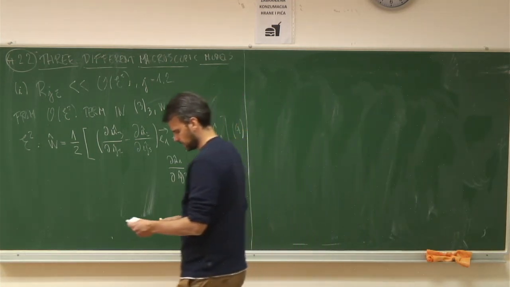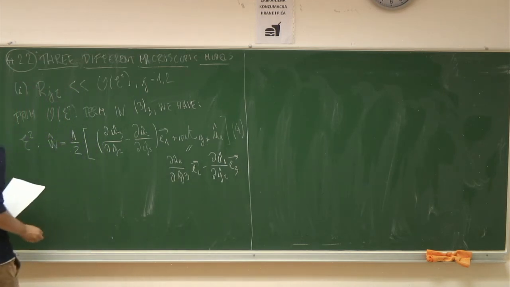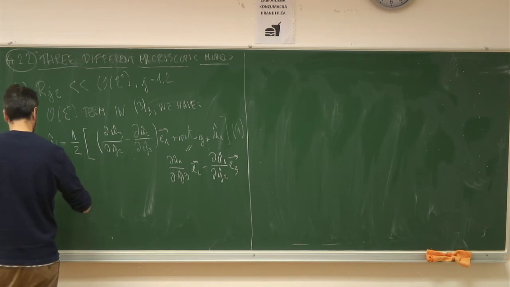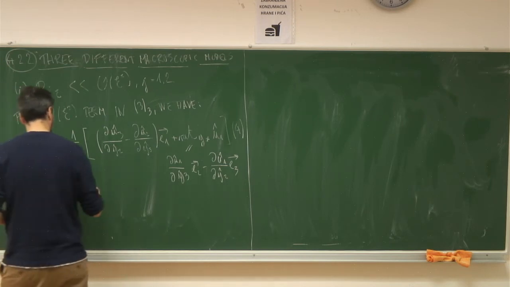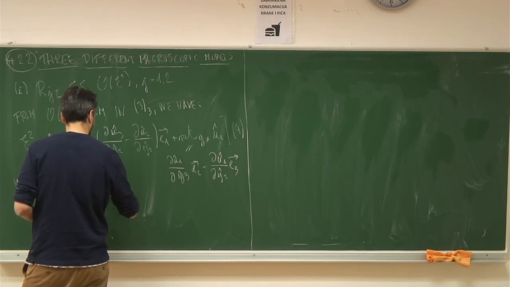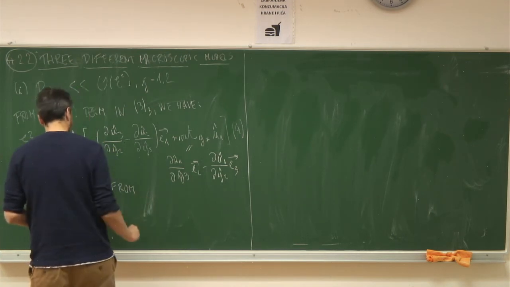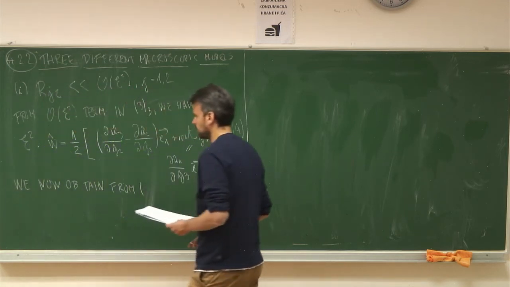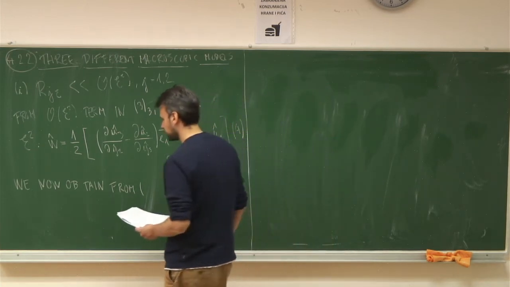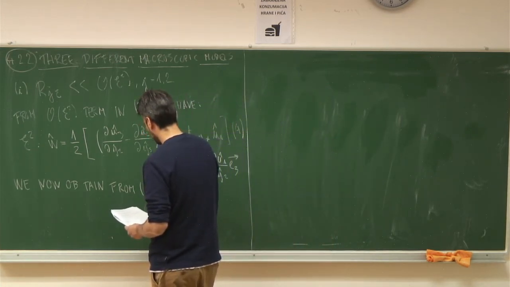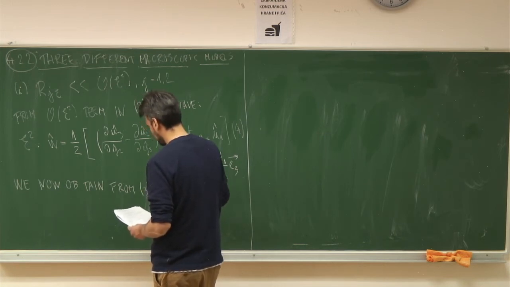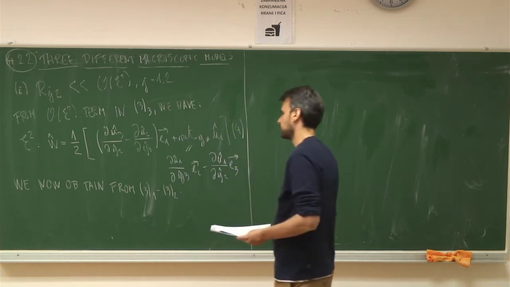Okay, and now that you have this, you now obtain, from the angular momentum equation, the epsilon squared term, and from the momentum equation and the divergence equation, so free 1 and free 2, these are the rescaled equations.